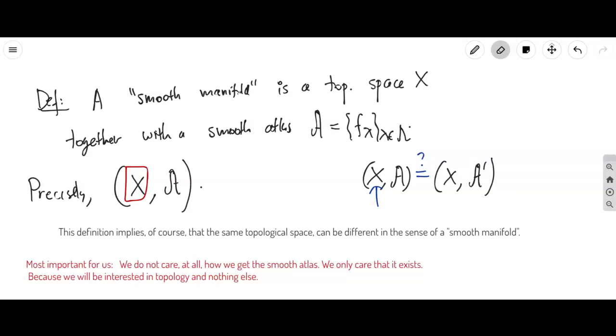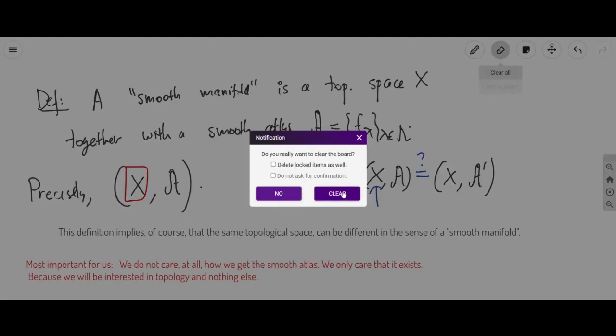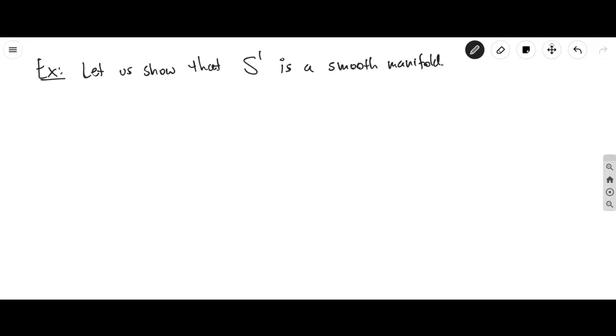So now let's do some examples that illustrate this. Let us do an example involving a circle. Let us show that the circle, the one-dimensional circle, S1, is a smooth manifold. Now this is a little bit ambiguous because this is just a topological space.